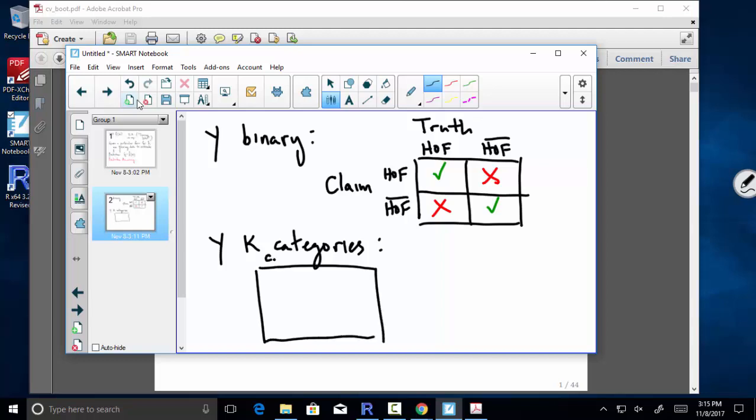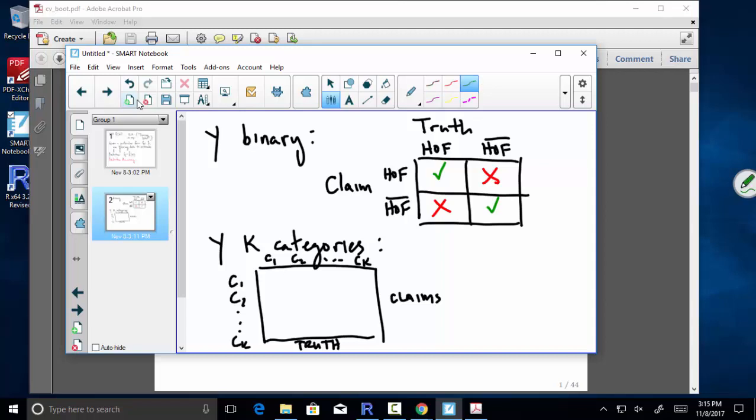So class 1, class 2, ... class K, with truth across columns and claims across rows.